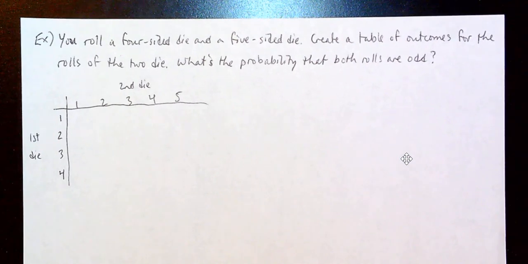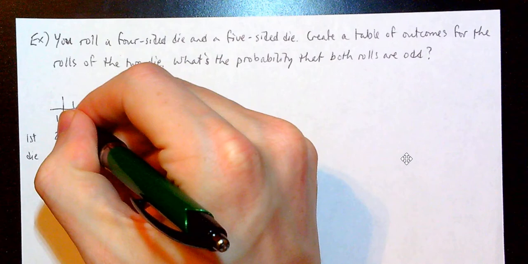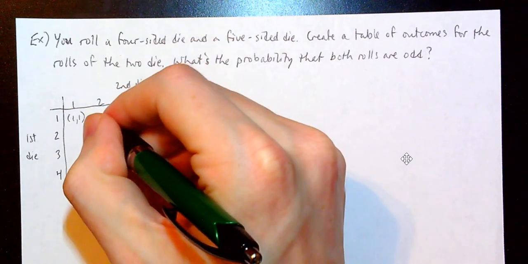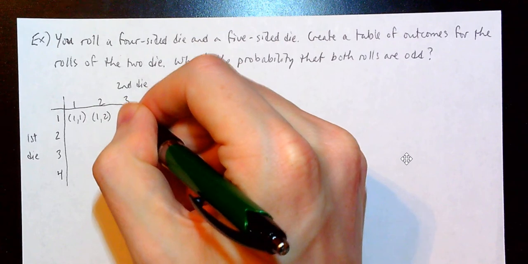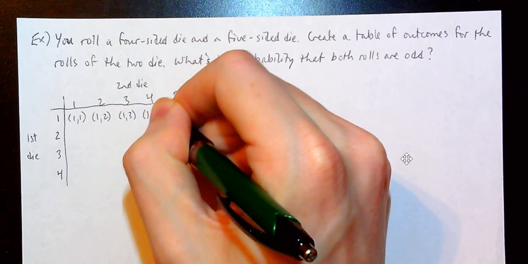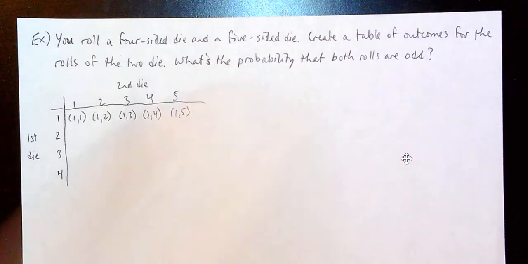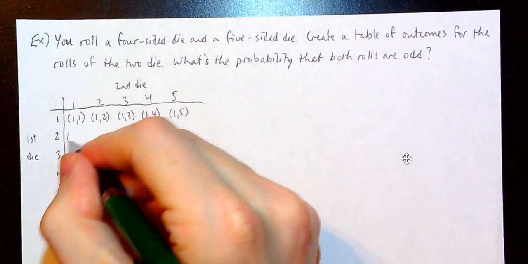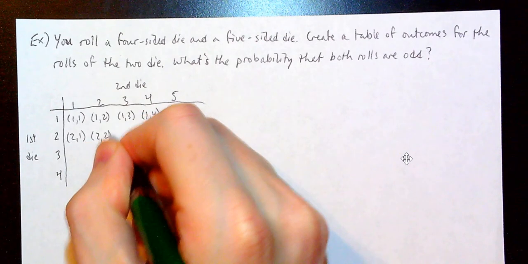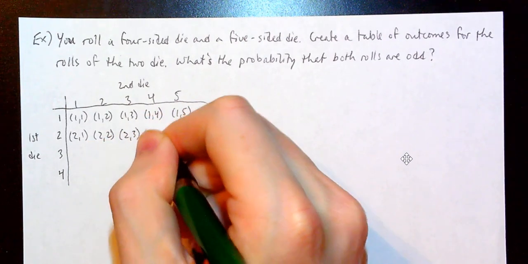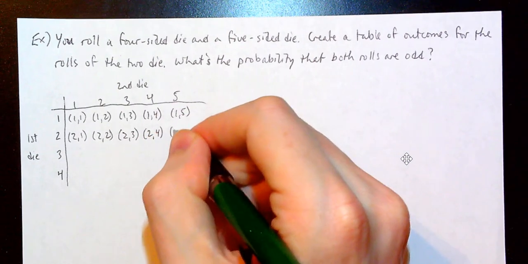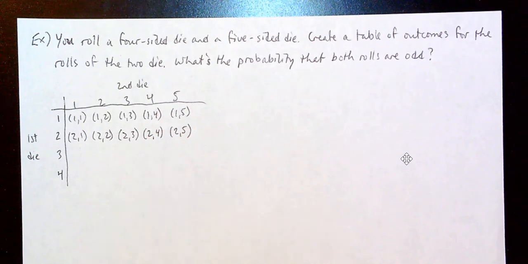So now I'm going to represent each of the possible outcomes as a result of rolling these two dice as ordered pairs. I could have rolled a 1 and a 1, a 1 and a 2, a 1 and a 3, 1 and a 4, and a 1 and a 5. 2 and a 1, 2 and a 2, 2 and a 3, 2 and a 4, 2 and a 5.